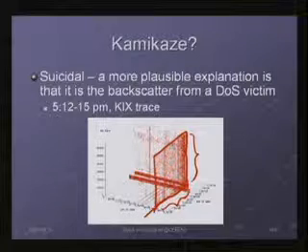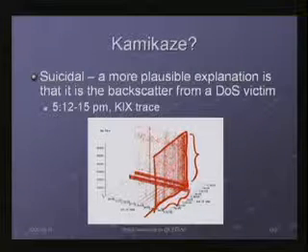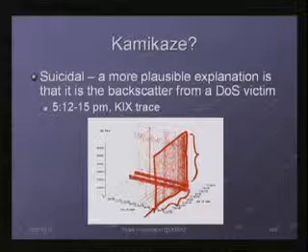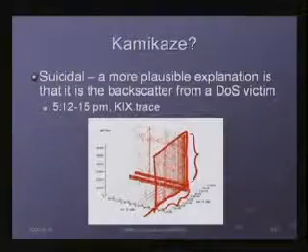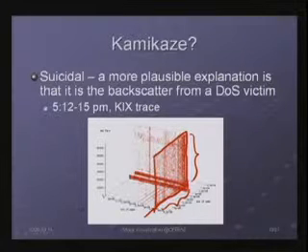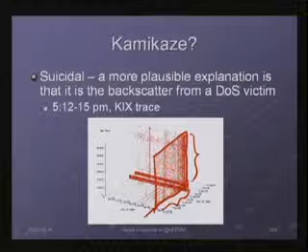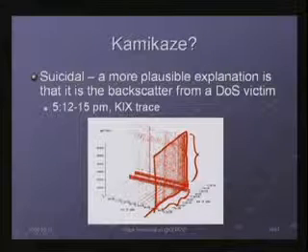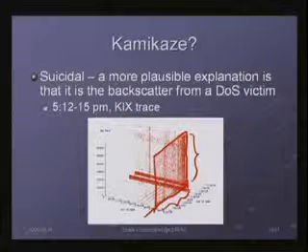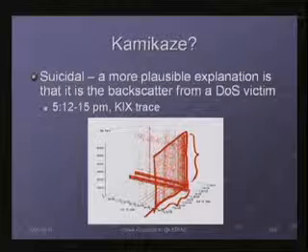A single source is spewing out packets to so many destinations and so many ports. Why is it doing that? It doesn't make sense. It's only suicidal, right? It cannot be an attack on anybody. Well, a plausible explanation is that it's backscatter from a DoS victim. A source-spoofed DoS is hitting this poor guy, and he's responding to it. So it looks like it's spewing a lot of packets to this entire destination IP space.